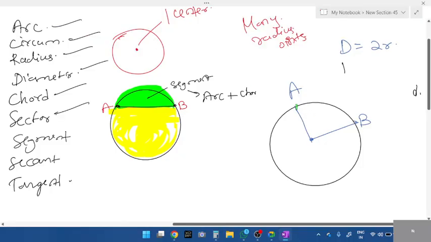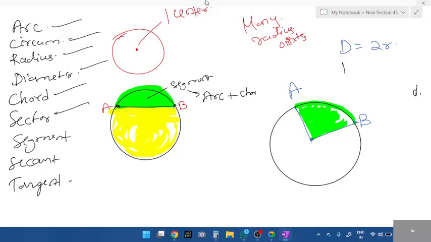Look at the difference between segment and sector, students. This is sector. We use a chord. For segment, we use a straight line.